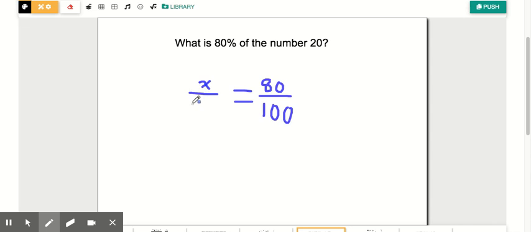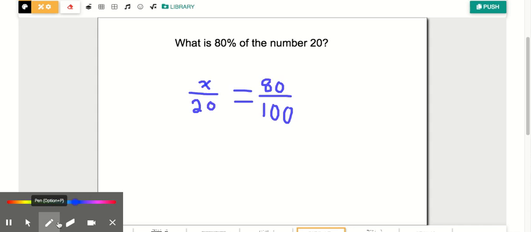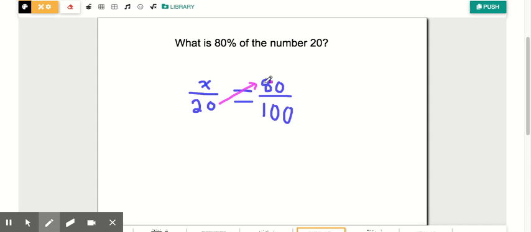So of 20, the whole, which is 20. I'm going to cross multiply. I'll use pink now. I'm going to go 20 times 80, which is going to give me 1,600.